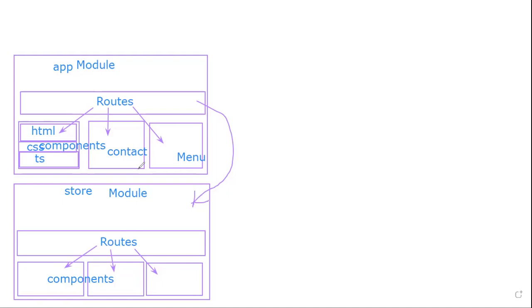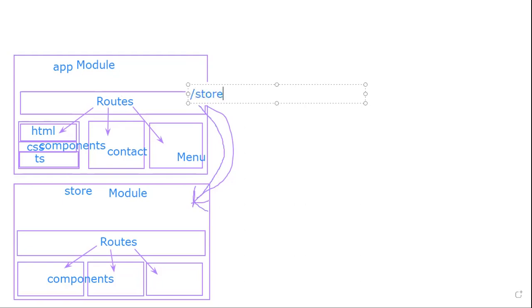From the app module, the control will go to each of the modules, depending on the path. If the app module itself can serve the path, it will serve. Otherwise, it will go to the respective modules. Let's say the user is going to access store.